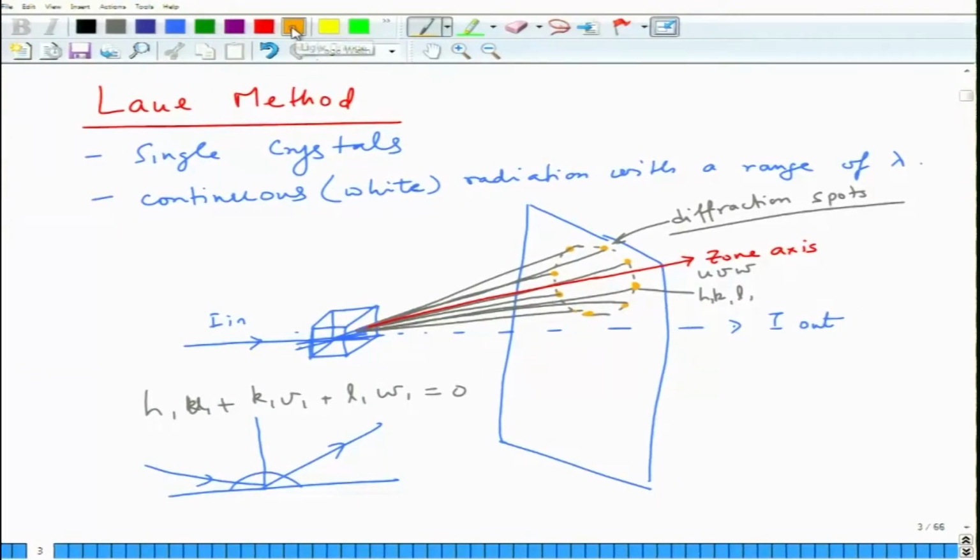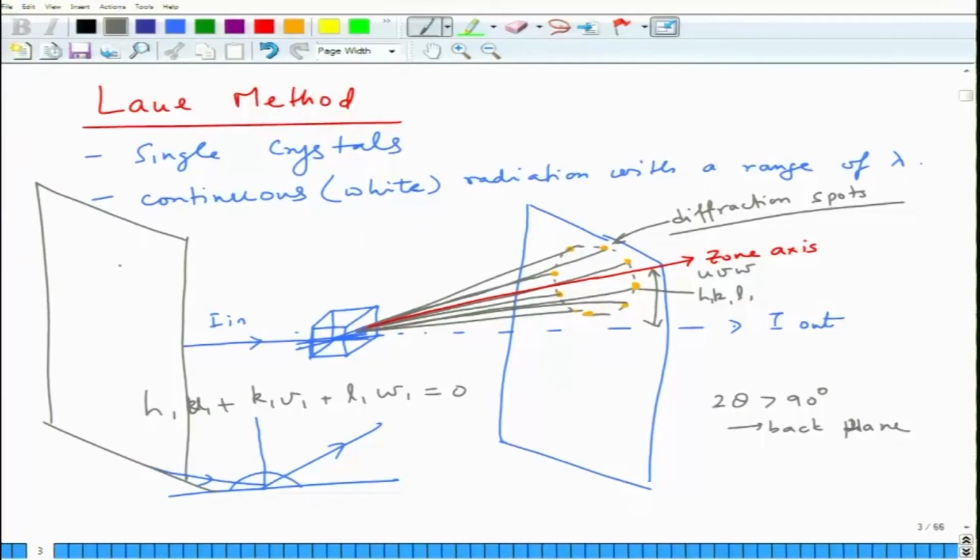So for this kind of thing, actually the cone would be a little bit down. You will have diffraction taking place nearly close to the incident beam, and this angle is the angle between the zone axis and the diffracted beam. So for 2 theta greater than 90 degrees, you will have back diffraction on the back plane. So basically the screen needs to be put on this side, and the diffraction cone would be like this.